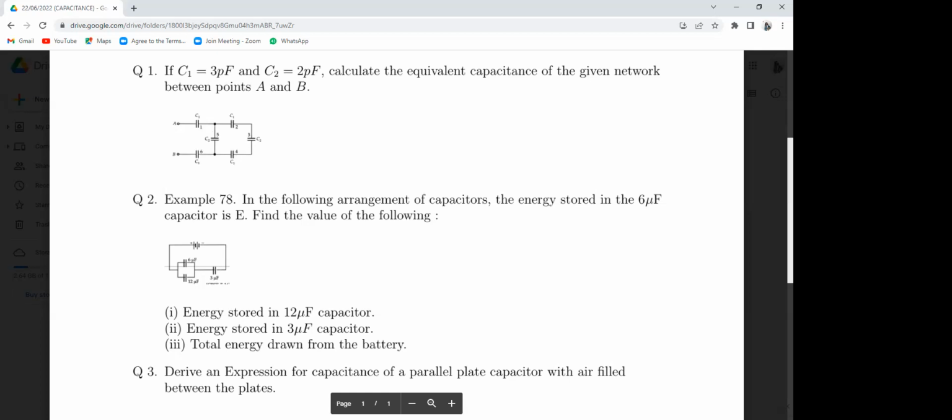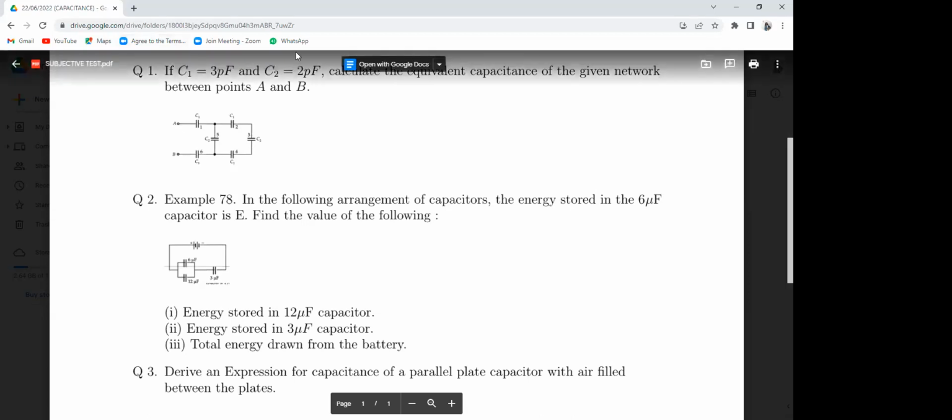Teacher, the figure is very small. This figure, Fatima, or both the figures? Both of them. I can't read the C values. The first figure is like this.